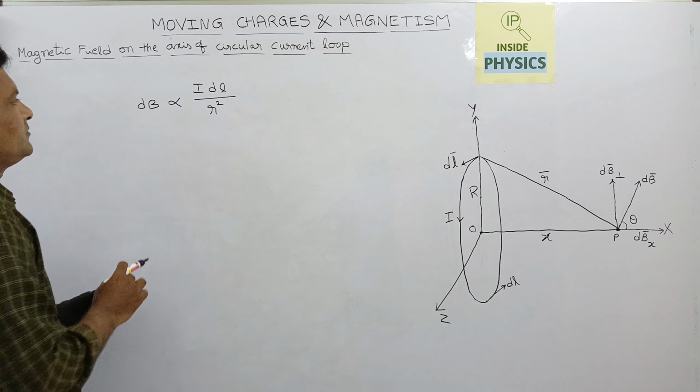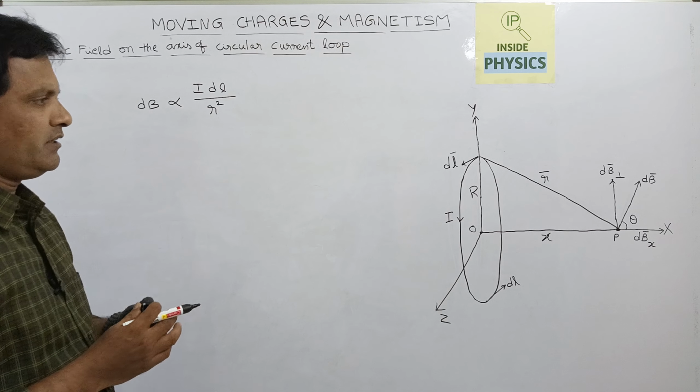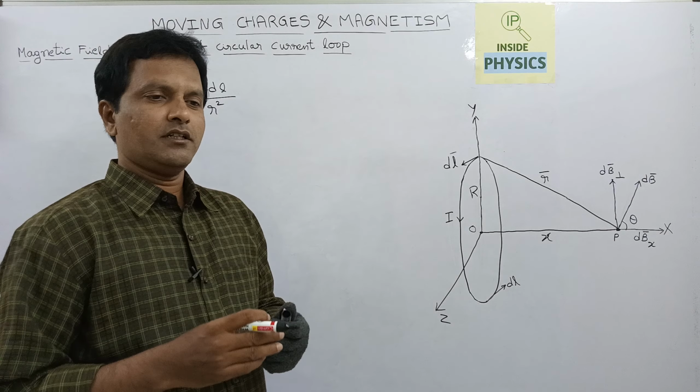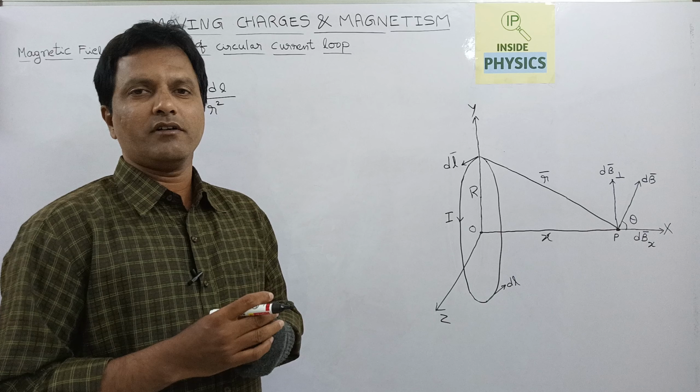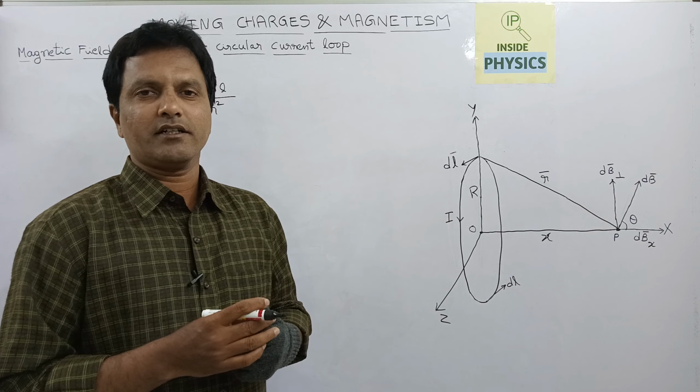So this is the Biot-Savart law, which tells about the magnetic field because of current carrying conductors, whether it is a straightforward current carrying element like a finite conductor.